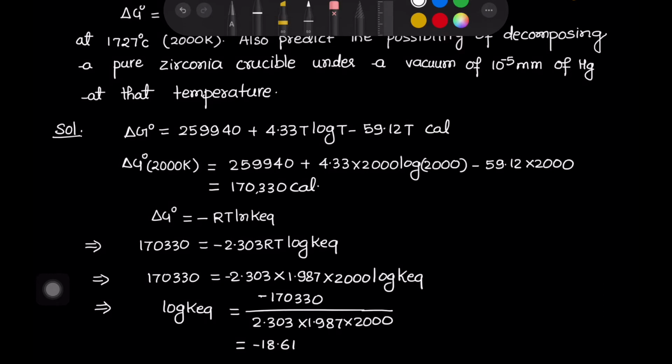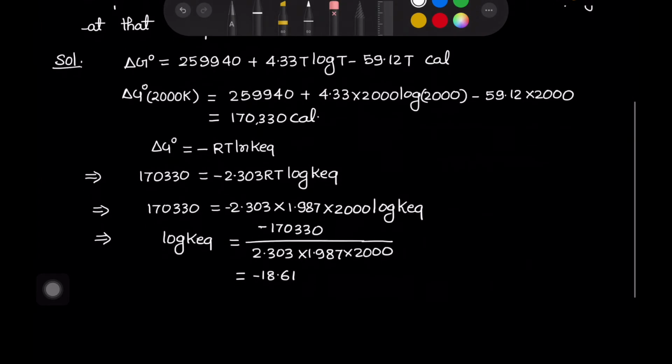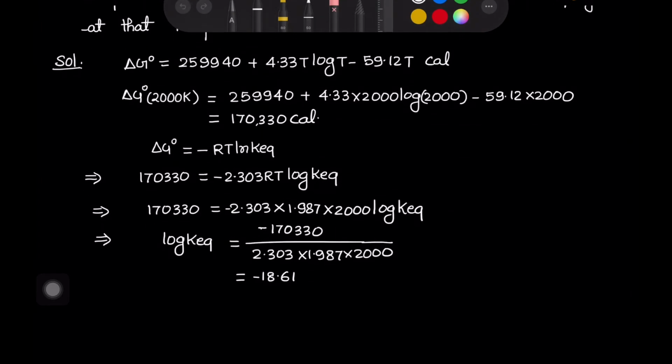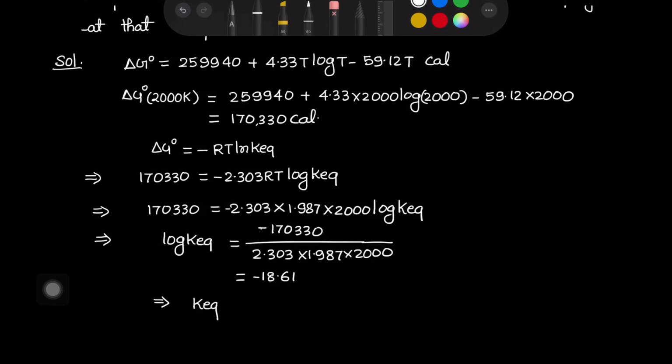After that we'll find the value of K equilibrium, that will be antilog of minus 18.61, and that will be equal to 2.455 into 10 raised to minus 19.